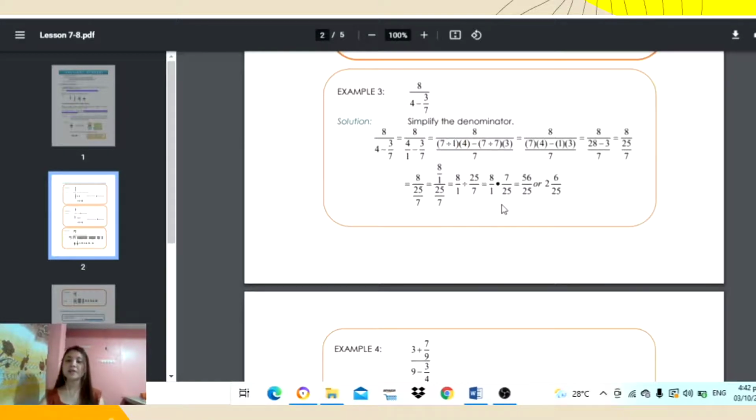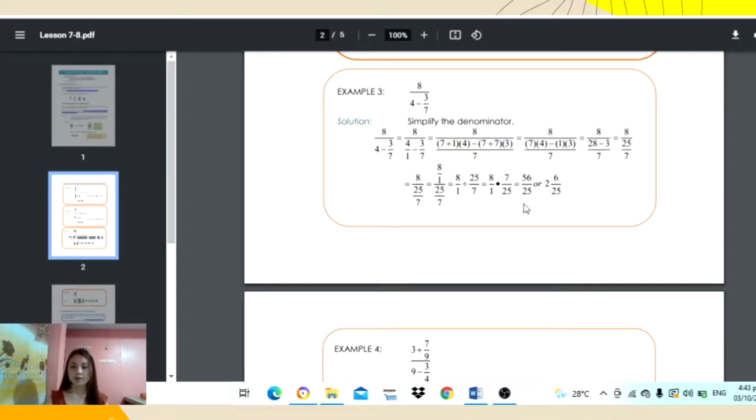So in multiplying fractions, we multiply their numerators, 8 times 7, which is just equal to 56, and their denominators, which are 1 and 25. So 1 times 25 is 25. So our answer is 56 over 25, which is just equal to 2 and 6 over 25.